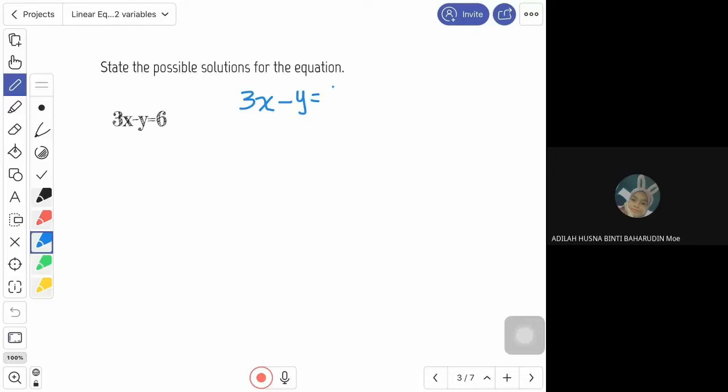Coefficient dia 1, so senang lah. Cikgu akan bawakan y ke sini, 6 tu bawa ke sini. So I have 3x minus 6 equals to positive y. Okay, so our equation will be y equals to 3x minus 6.